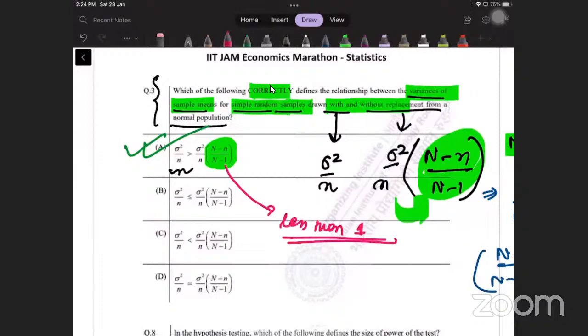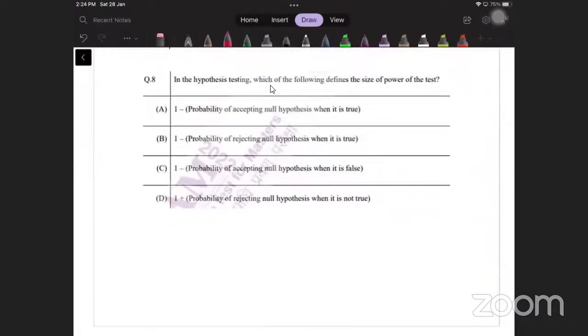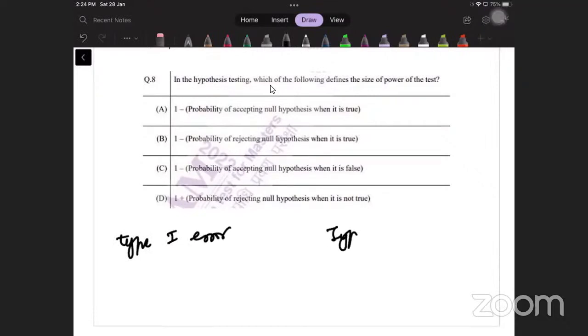Okay. Now let's go to the second question. In hypothesis testing, which of the following defines the size of the power of the test? Now just think about it. We have learned two things. One is called type 1 error, and the other is called type 2 error.